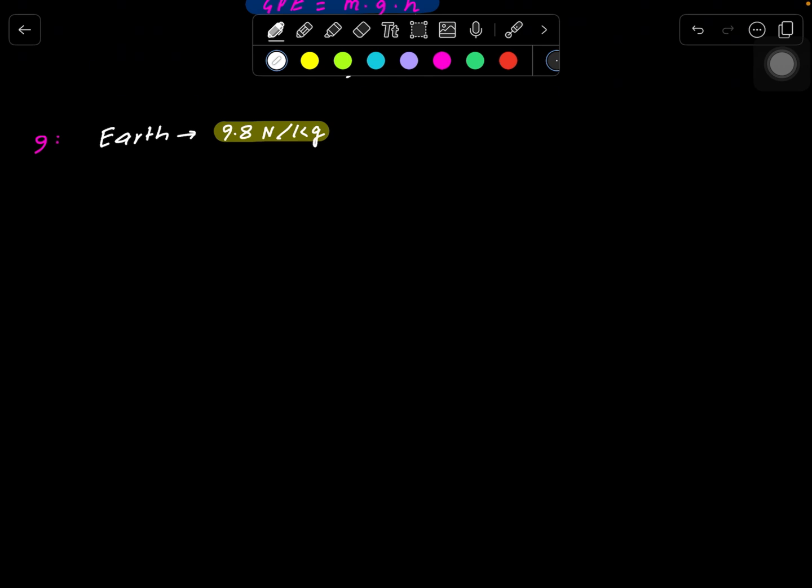What we're trying to establish here is that the stronger the gravitational field strength, the more strongly the mass is attracted towards that planet, and the harder it is to lift it up. So let's say you have Earth over here, and the Moon over here.